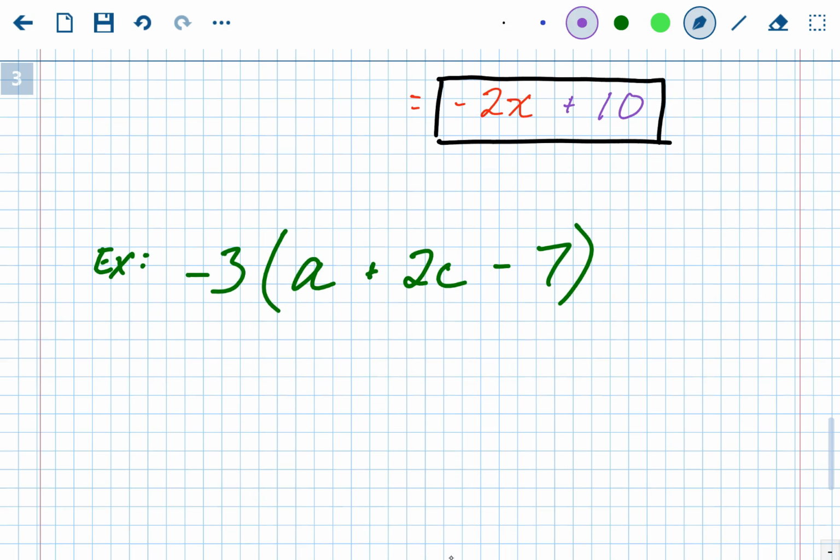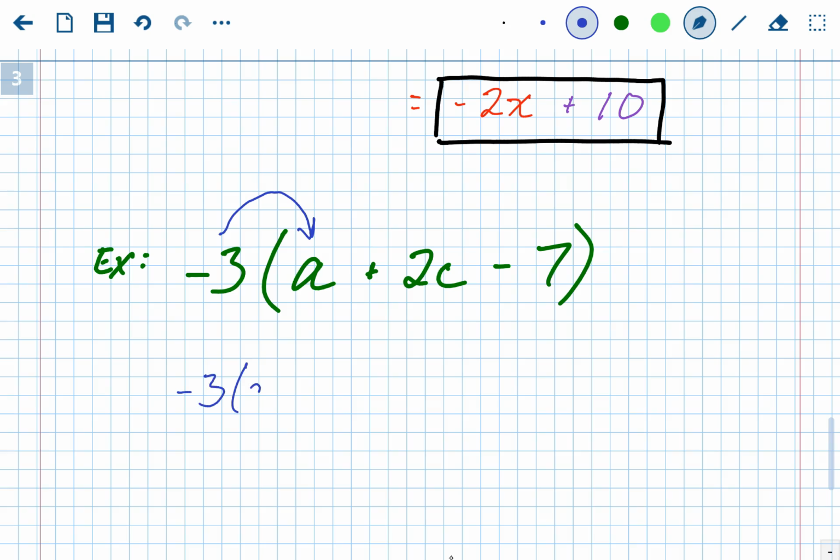Okay. Now I like to draw arrows. I always draw arrows, and each arrow signifies a multiplication. So we're going to do the term on the outside times the first term inside. -3 times a.